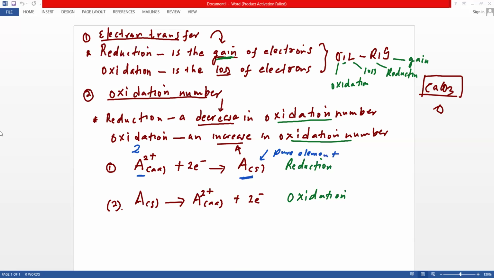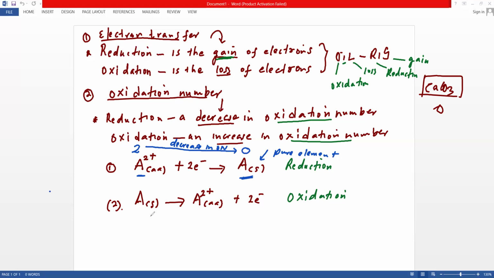And what is the oxidation number of a pure element? The oxidation number of a pure element, like what I said, is 0. So now, let's compare the oxidation numbers. Initially, the oxidation number of this was 2, but now the oxidation number decreased. You see, there is a decrease in oxidation number.